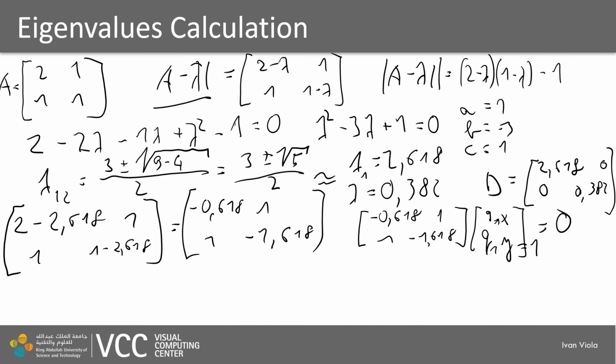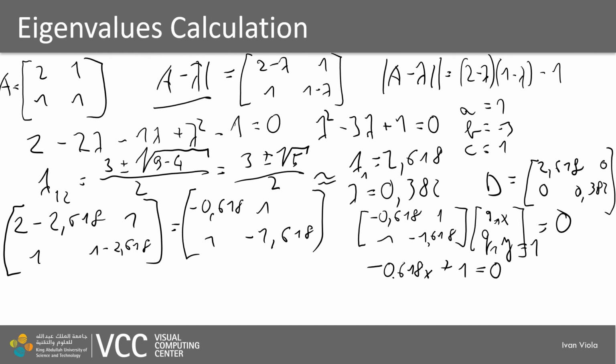Now for calculating the x value, we will simply multiply. We will obtain the following equation: minus 0.618 times x plus 1 is equal to 0.